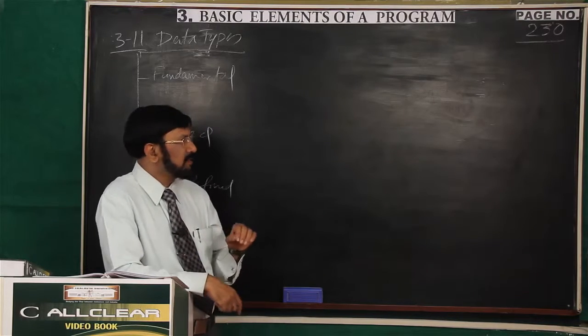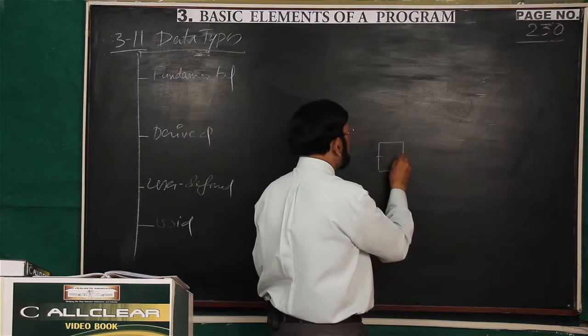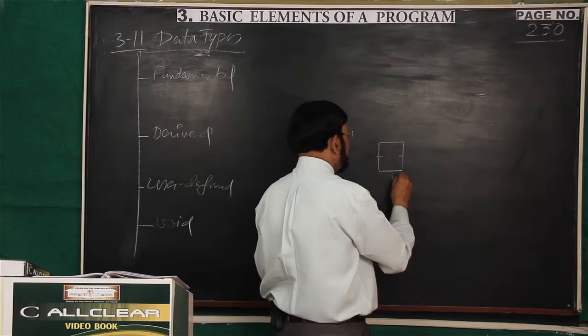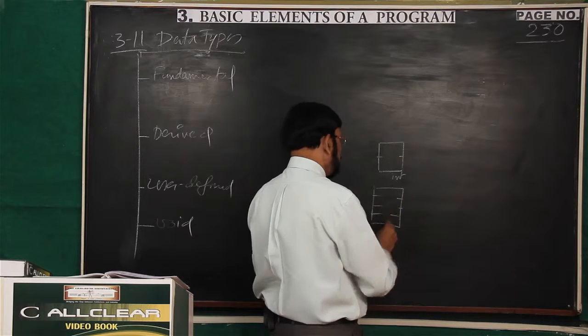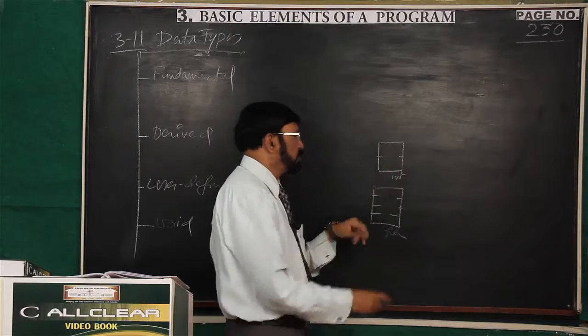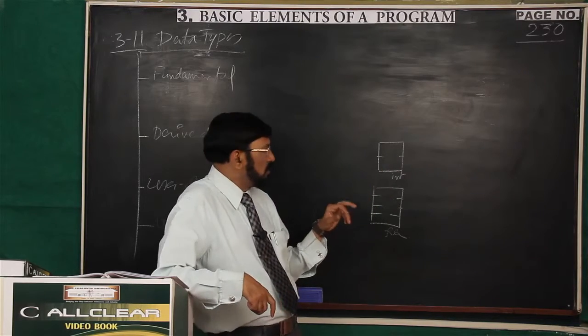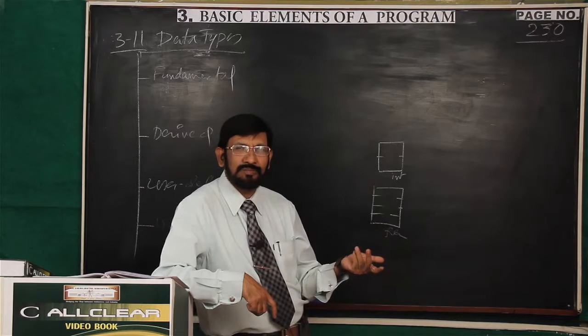But memory is not the question. Here you see, this is one data item, let us say int. This is another data item, float. This is 2 bytes. This is 4 bytes. So the processing time of this one is obviously more.